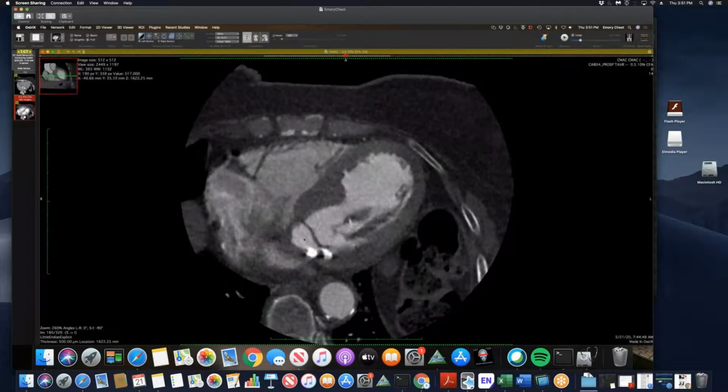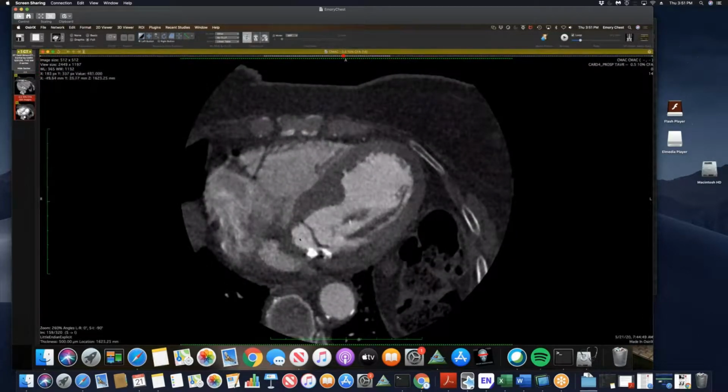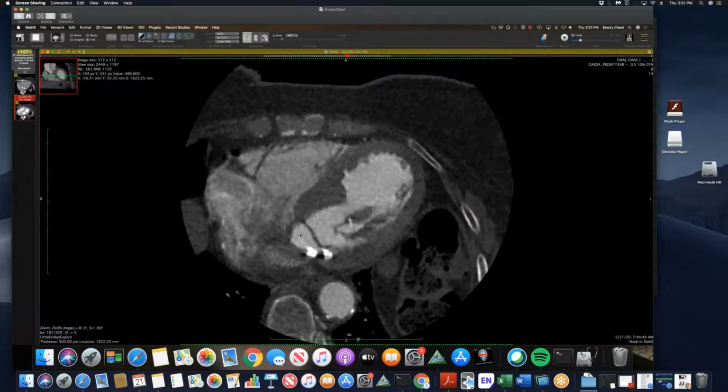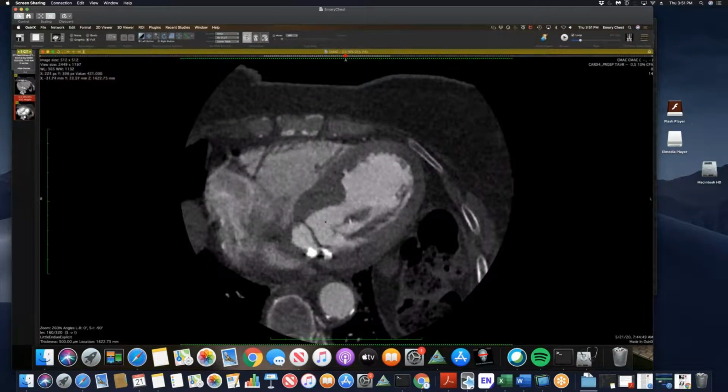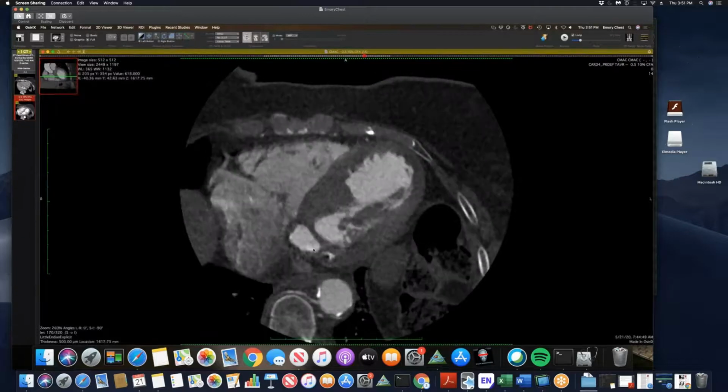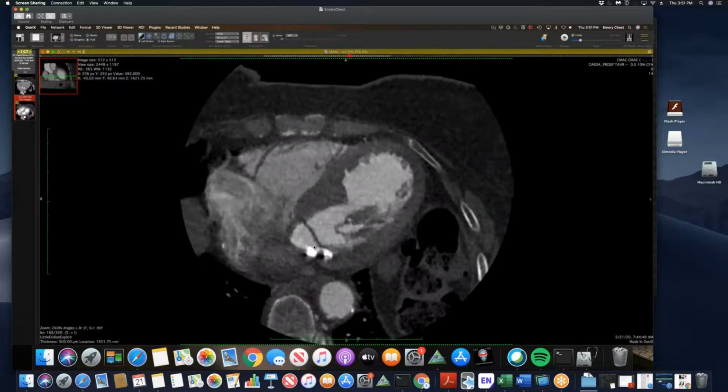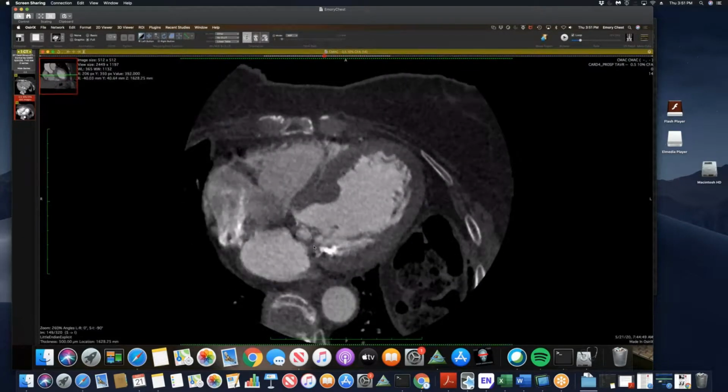On the non-contrast, all of this was actually calcification, and it just happens to be the same density as the contrast. So this is caseous mitral annular calcification. Yeah, nice example of that.